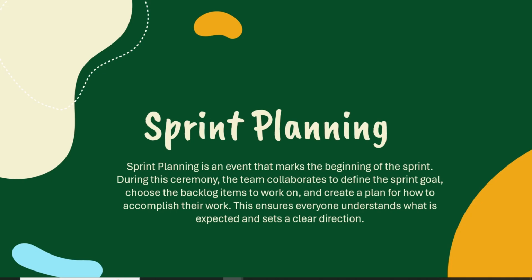All right. So during the sprint planning, items are picked from the product backlog based on the goal of the sprint. These items, or user stories or tasks or features, that are taken from the product backlog form what we call the sprint backlog. The sprint backlog is a subset of the product backlog.